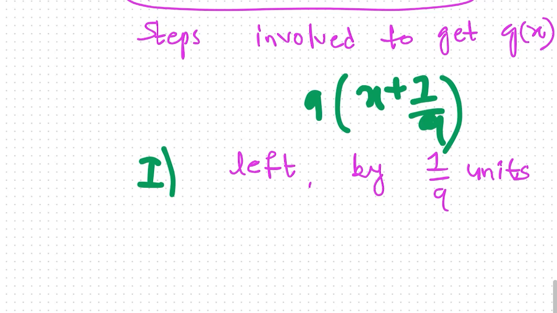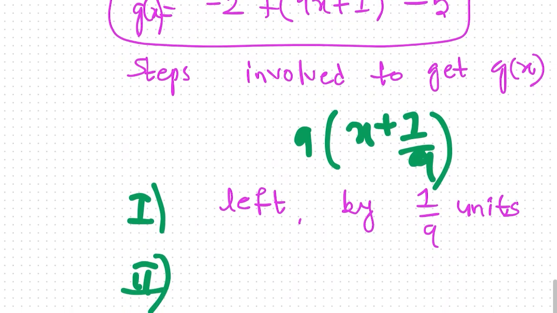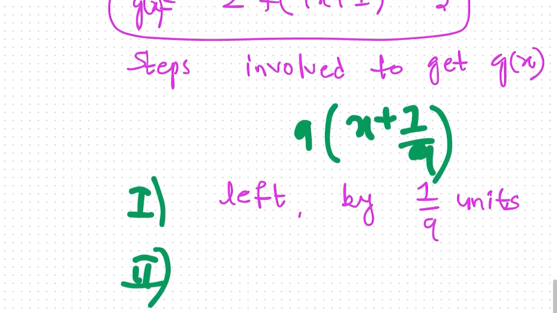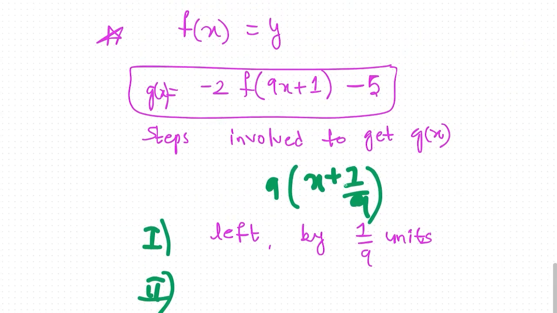Step number 2. You have moved left, slowly come outside. What is happening? You multiply the 9.